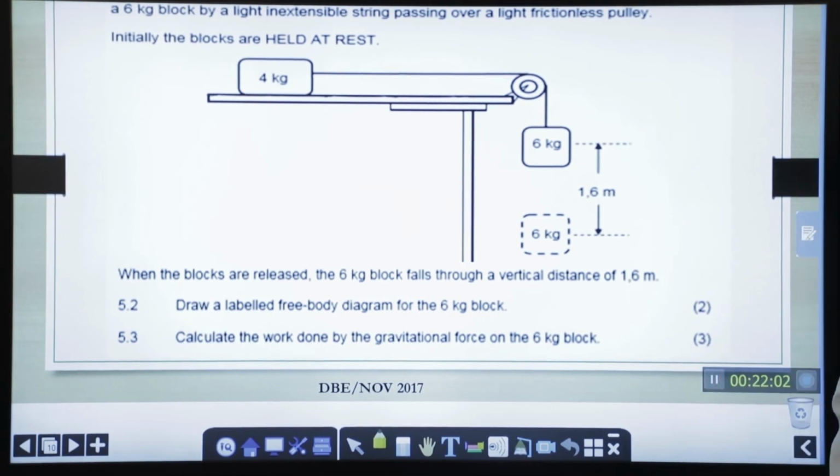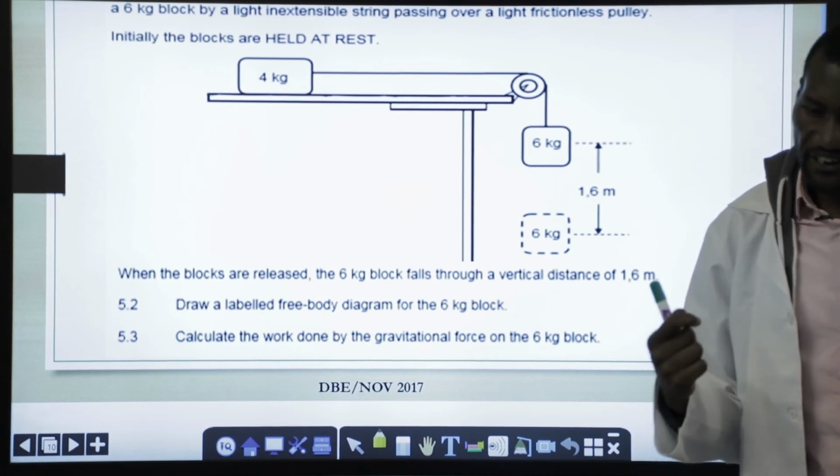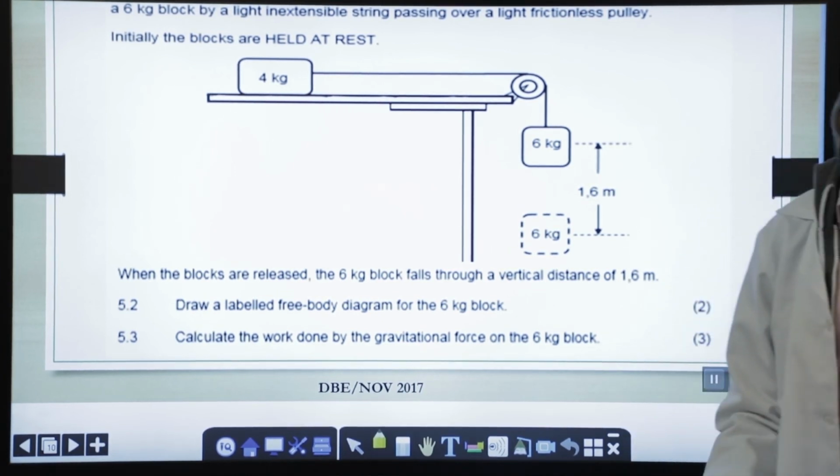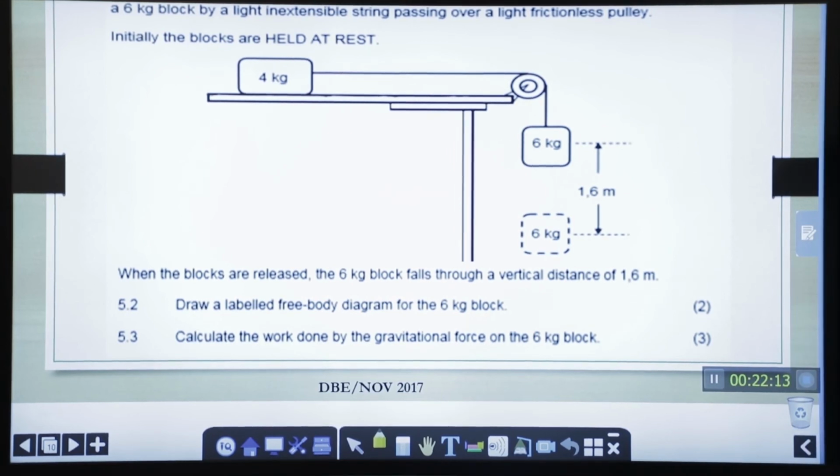In the diagram below, a 4 kg block is lying on a rough horizontal surface, which is connected to a 6 kg block by a right inextensible string passing over a light frictionless pulley.